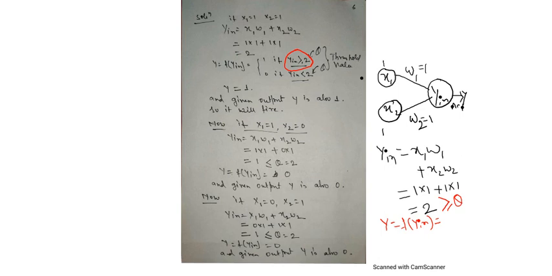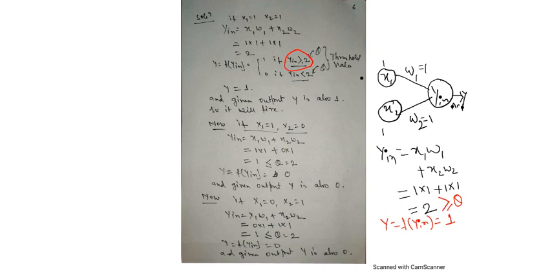So it is equal, so it will return 1. Okay, is it clear? Now this is for the case of x1 equal to 1 and x2 equal to 1.